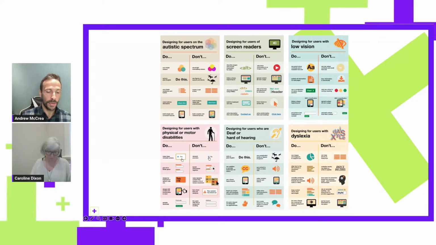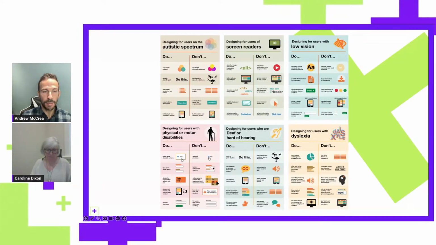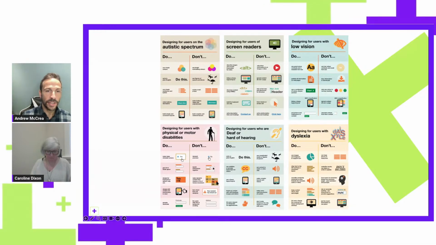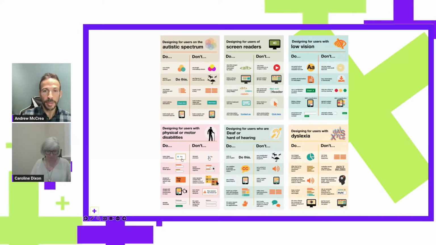So there are a lot of economies you can make when it comes to designing inclusively by just doing the right thing, by looking at your contrast, your text legibility, your screen layouts, and making sure that everything has appropriate labels. That can go a long way to solving problems for people with a wide range of impairments.